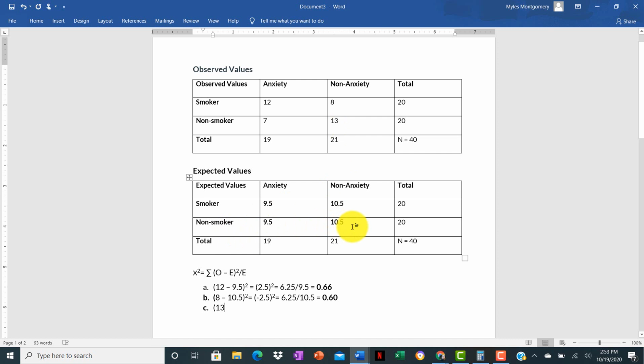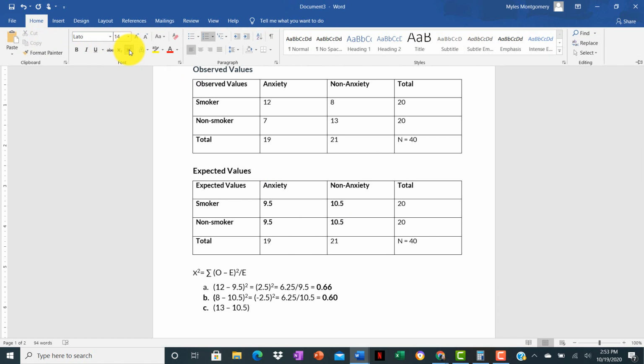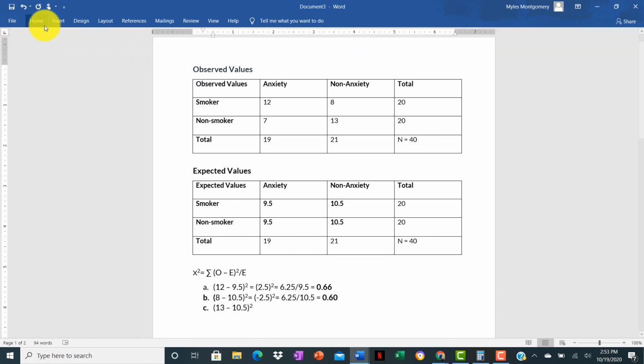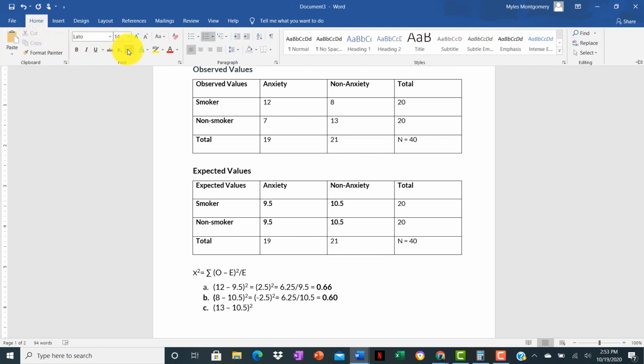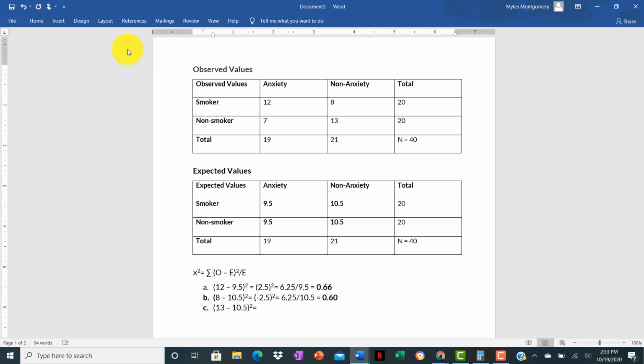Again, subtract 10.5. Is it going to be squared? You know it is, but we just want to say it out loud so we know we said it. When we do that, what's this going to be?